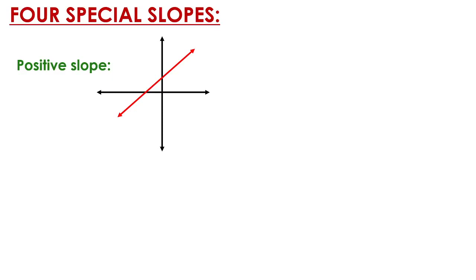So take note, if the graph is slanting upward to the right, therefore, the slope is positive, and it is greater than 0. So just take note of this. If you're given a graph that is slanting upward to the right, expect that your answer should be positive.